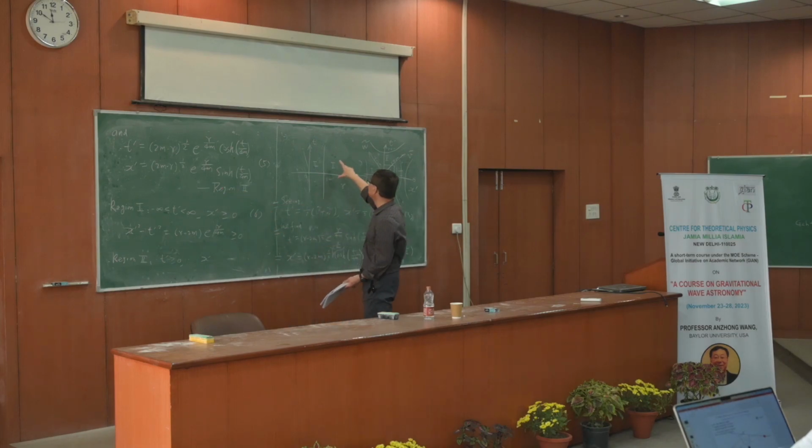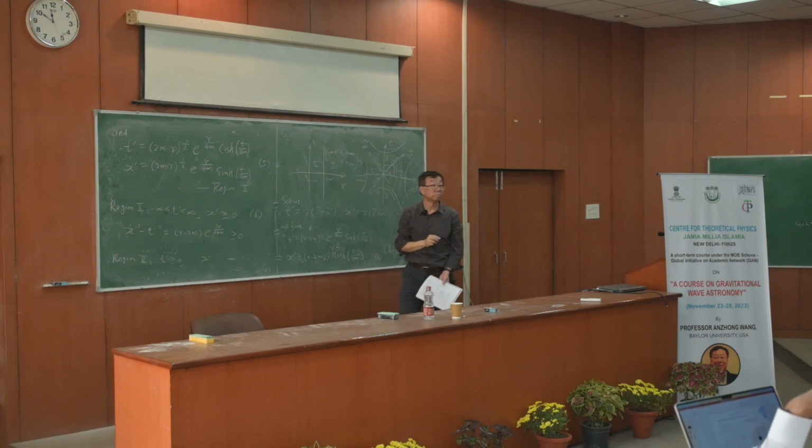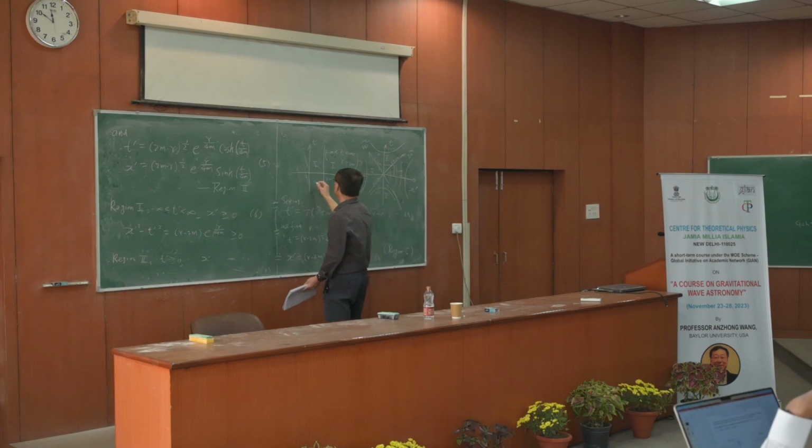Remember, this is really the one with r greater than 2m. This is by definition, this original region. So in this original region, the t also goes from minus infinity to plus infinity. In the other one, r is greater than 0, less than 2m.